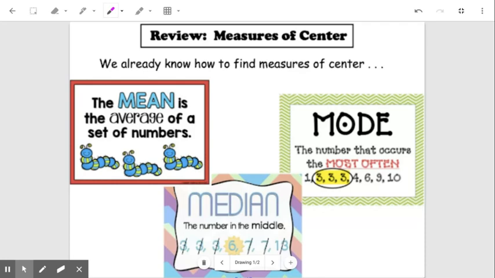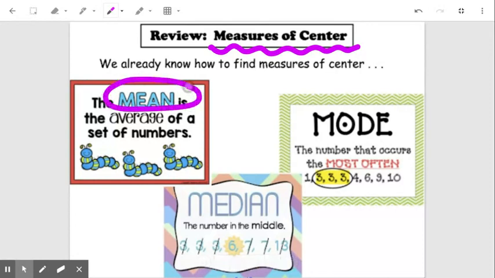So again, we are talking about measures of center, the description of what's happening in the middle of a data set. The first one we have is mean. Remember, mean is the average. And to find an average, you add everything up and you divide by how many numbers you have. The second one is median. Remember, median is the number in the middle.